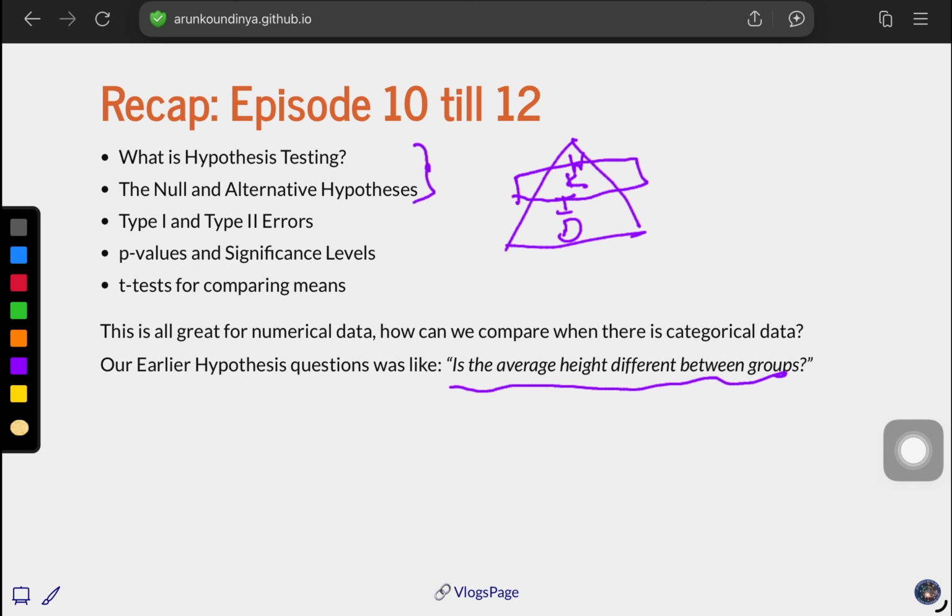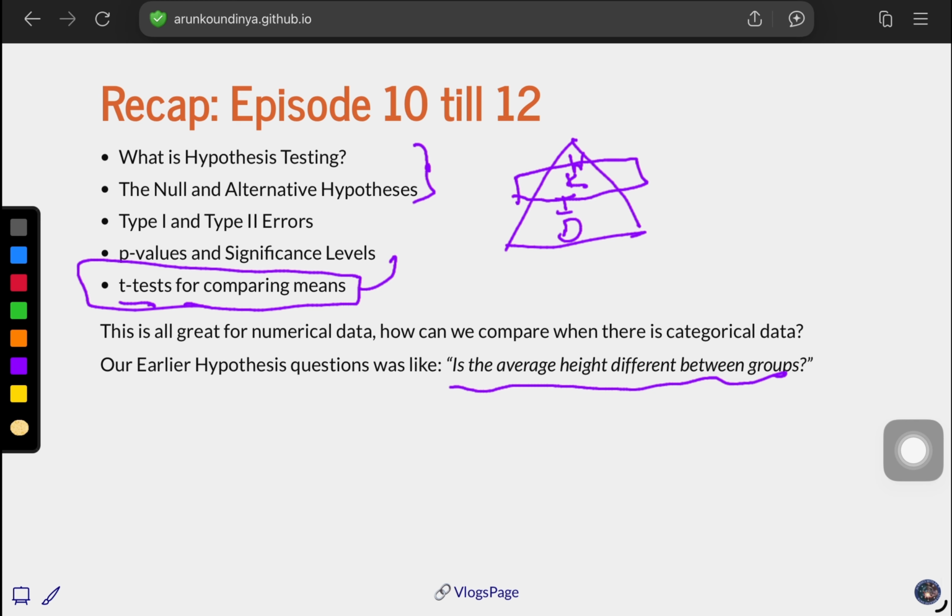Okay, let's come back. And then there is something called type 1 and type 2 error, because there is a possibility that whatever we have arrived at through statistical analysis might be wrong. That's what we have discussed as type 1 and type 2 errors. And then for numerical data, we have seen t-tests for comparing the means.